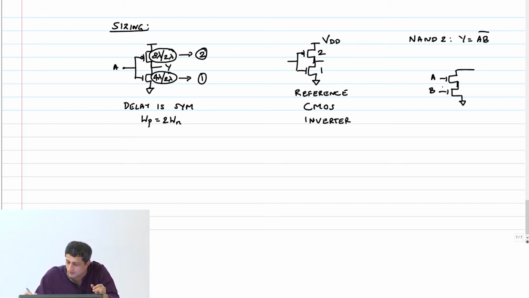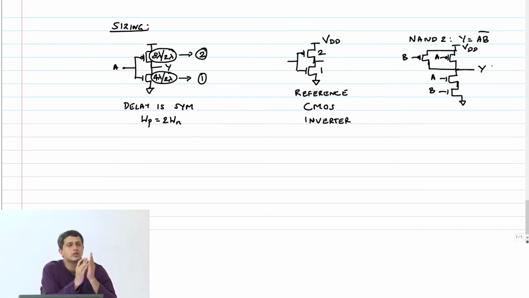A, B. What will be the pull-up network? 2 PMOS transistors in parallel. VDD, A and B, and this is my output Y. So with reference to this CMOS inverter, I now need to size these transistors in my NAND gate.